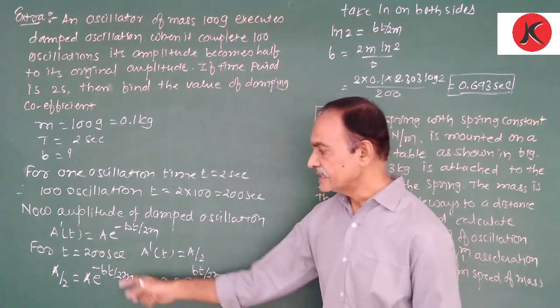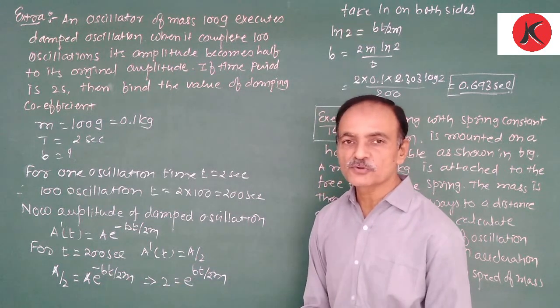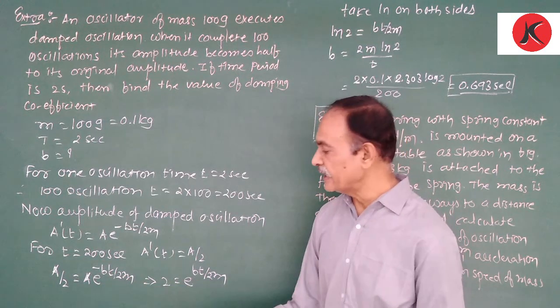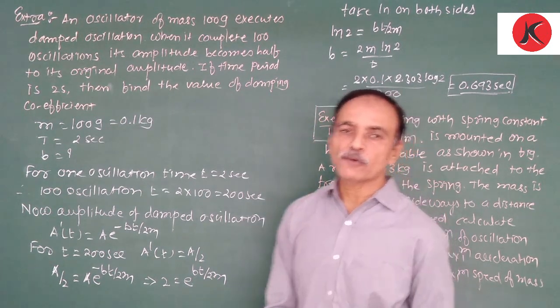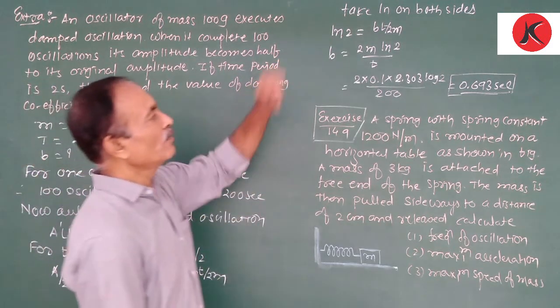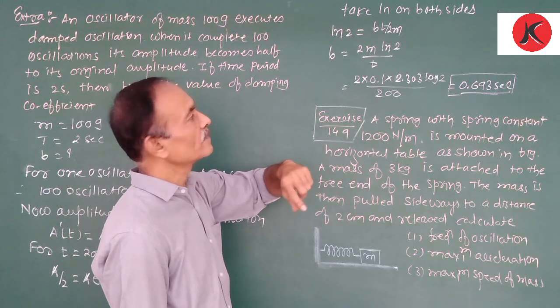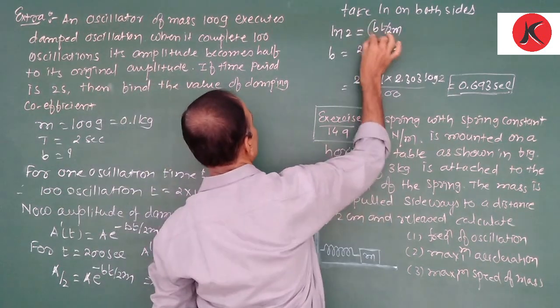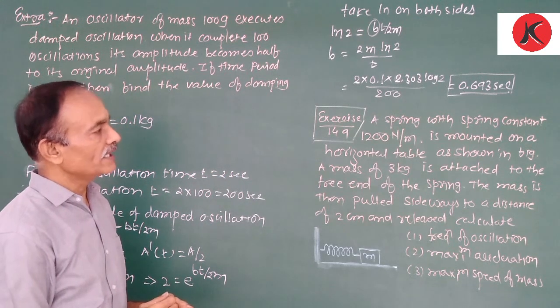A cancels. Here the power is negative, therefore 1 by 2 is equal to 1 upon e to the power bt upon 2m. Comparing the denominator terms, 2 is equal to e to the power bt upon 2m. Now take ln on both sides, therefore ln 2 is equal to bt upon 2m. We require the value of b, therefore b is equal to 2m ln 2 upon t.